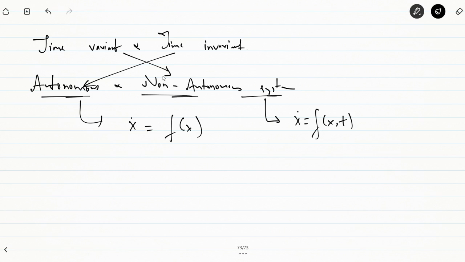Now, as I also discussed about this equation x dot equal to f dash of x,t, it's comprised of two equations, f of x,t and u of x,t.